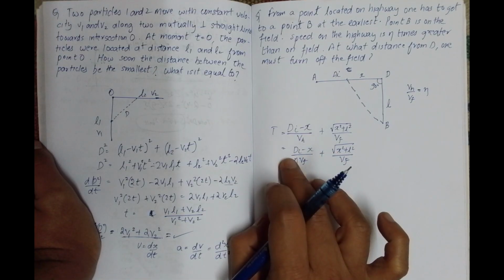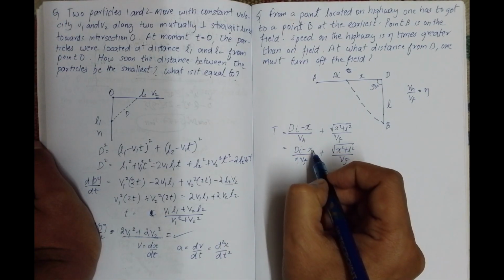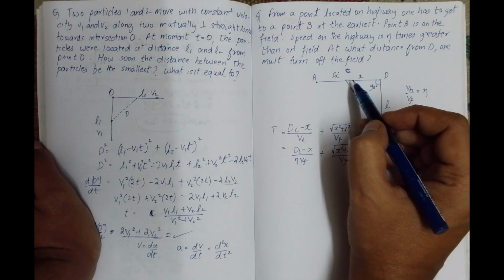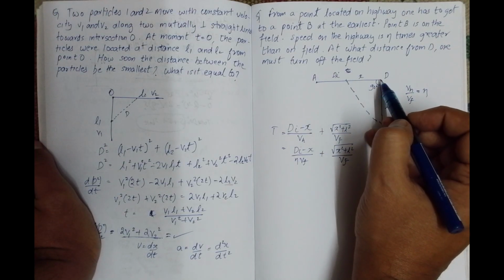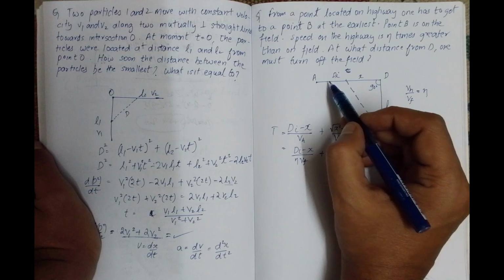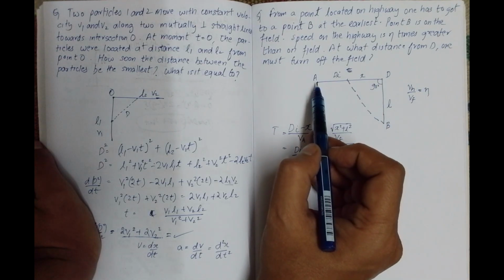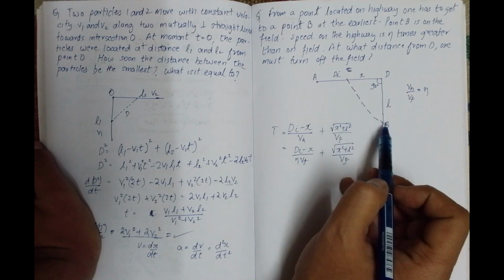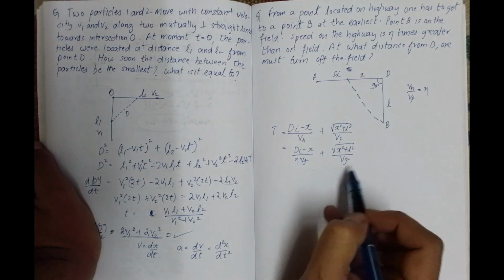So we've got t as a function of x. If x has a certain value and you want to find the time this person takes to reach from A to B, it will be given by this much.